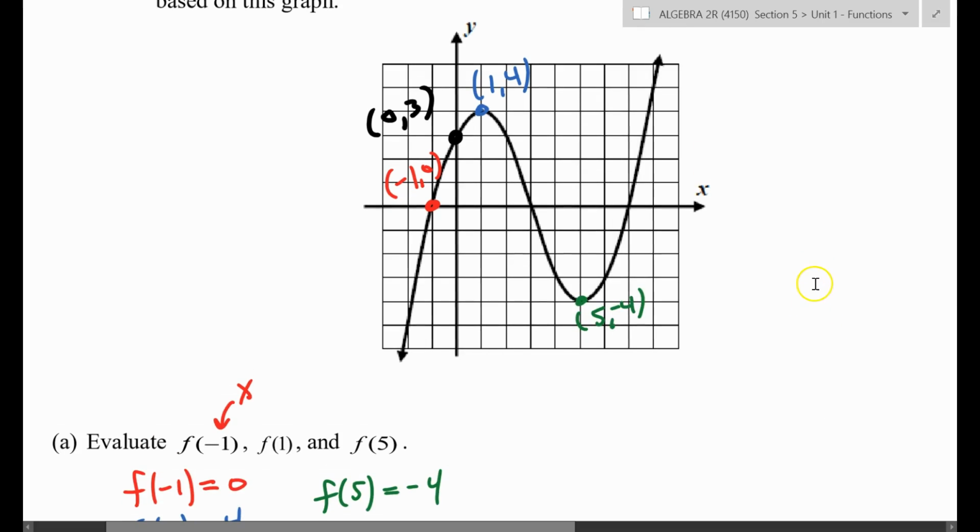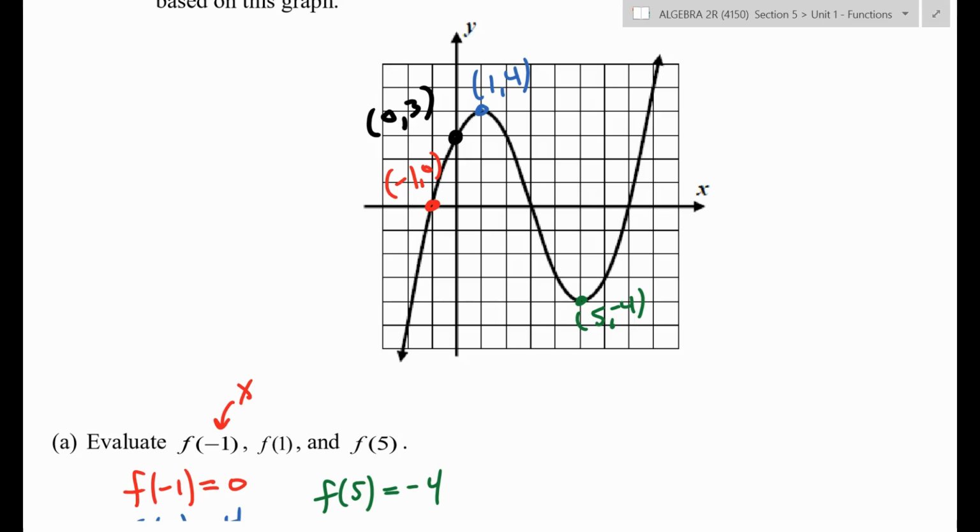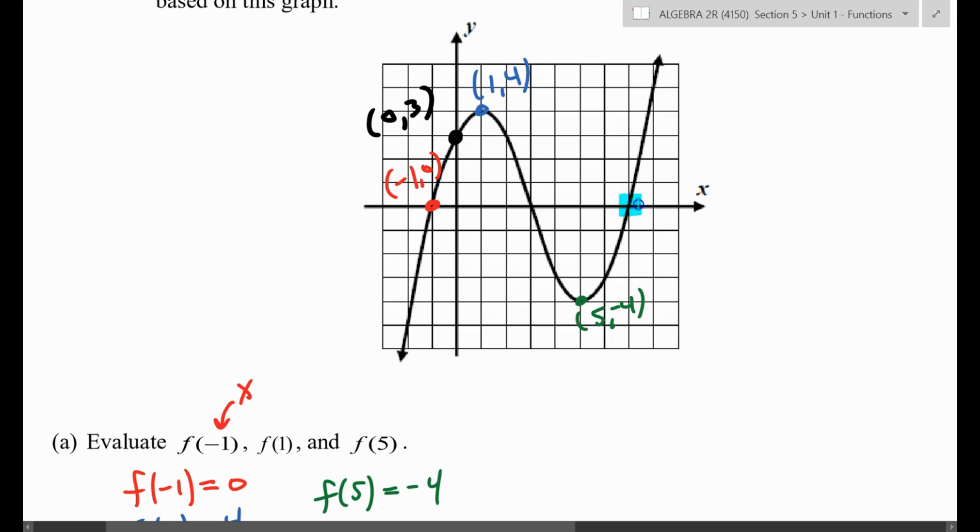Y values equaling 0 are along what? The x-axis. Can we all agree that this is the point 7, 0? So that has a y value equal to 0, right? And can we all agree that this has a y value equal to 0? And what's that point? 3, 0?